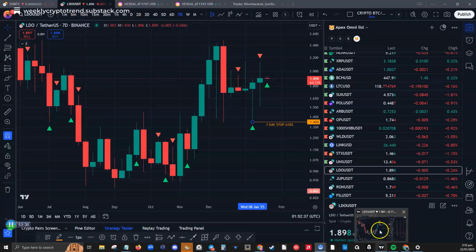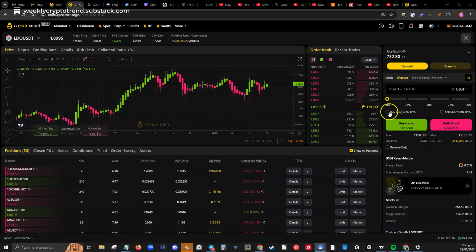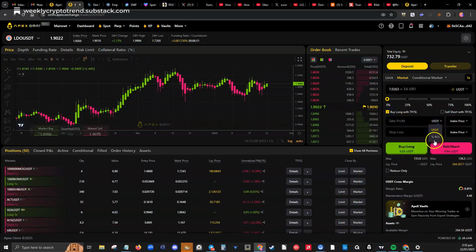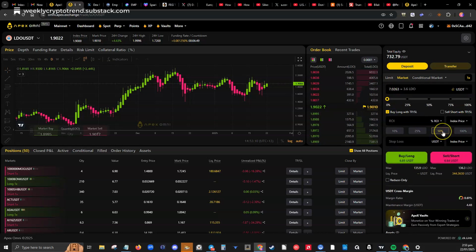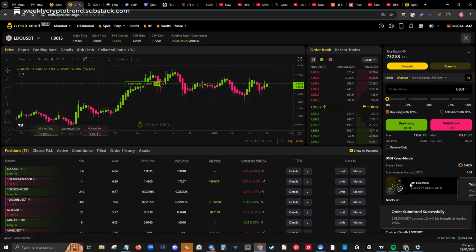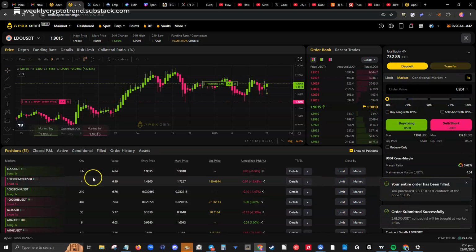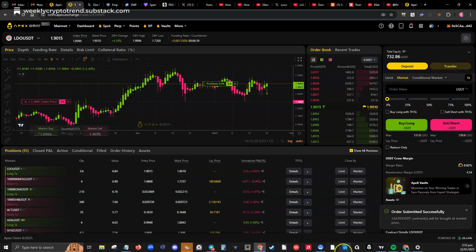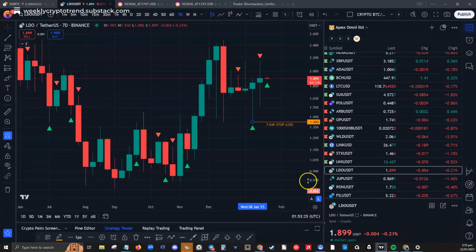Yeah, it's current long. $7 long. Percentage, 100%. Double my money. Paste and long. All right, so yeah, filled. $6.84. 1x leverage. Nice. Okay, long.